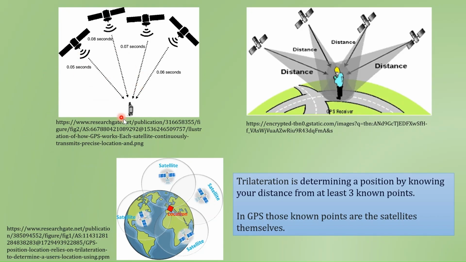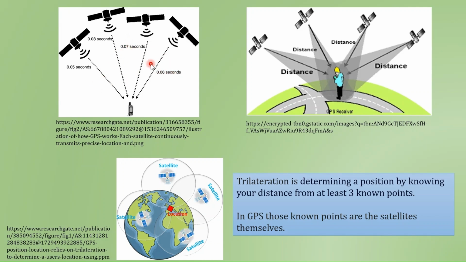In the first diagram, here we have one GPS receiver and the presence of 4 satellites. So, depending upon the position of the satellite, the time taken by the signal to reach the receiver will vary. Here we can see that it is 0.05 seconds, 0.08 seconds, 0.07 seconds and then 0.06 seconds.